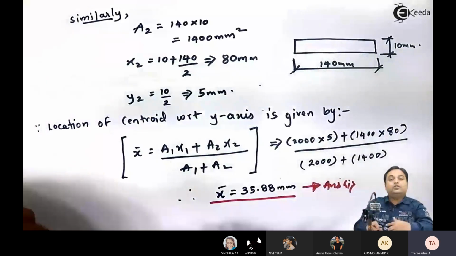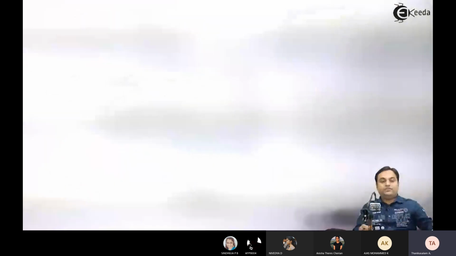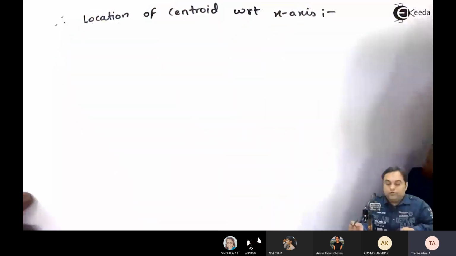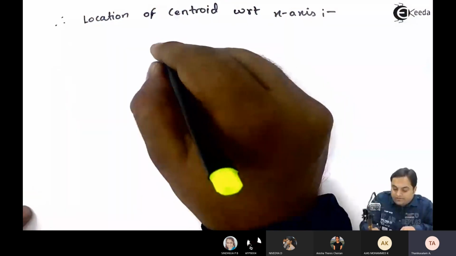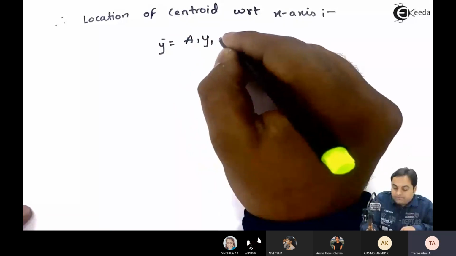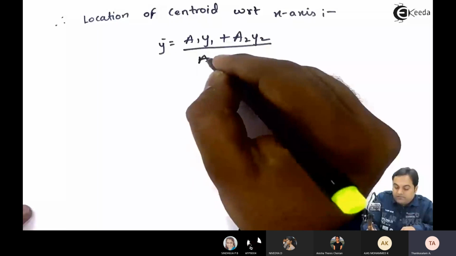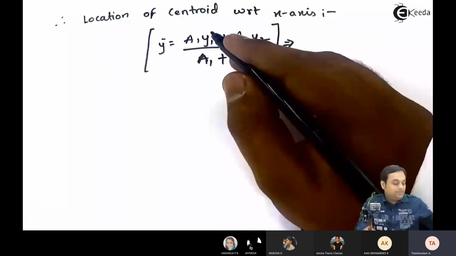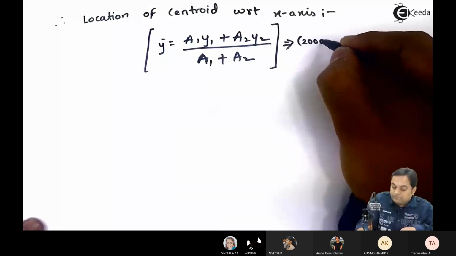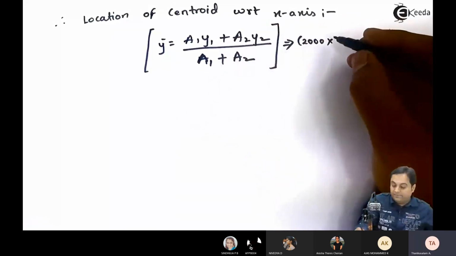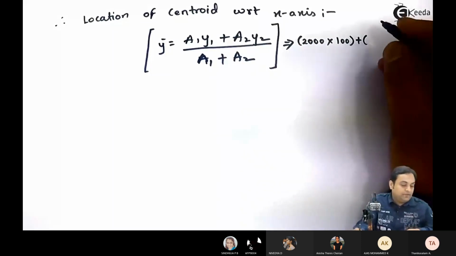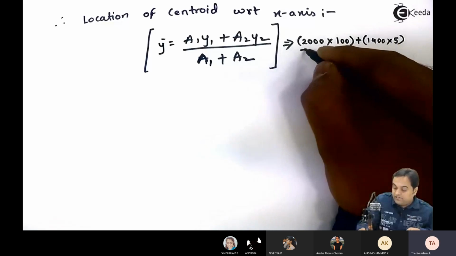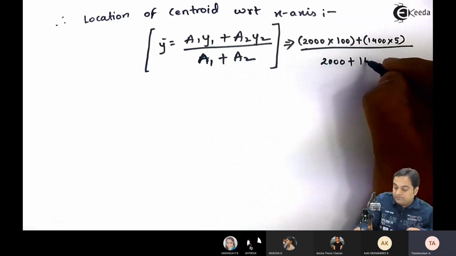Now I will calculate y bar, and y bar is the location of the centroid with respect to the x-axis. So y bar is equal to A1 y1 plus A2 y2 upon area 1 plus area 2, which is area 1 that was 2000 into y1, the value we have calculated, 100, plus area 2 that is 1400 into y2, the value of y2 we have found out was 5, divided by area 1 plus area 2, 2000 plus 1400.